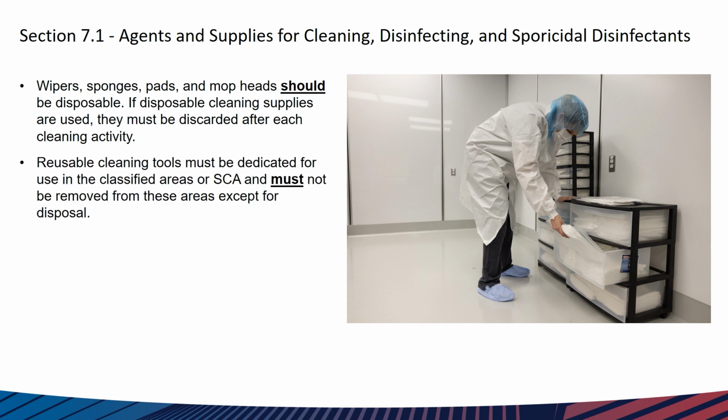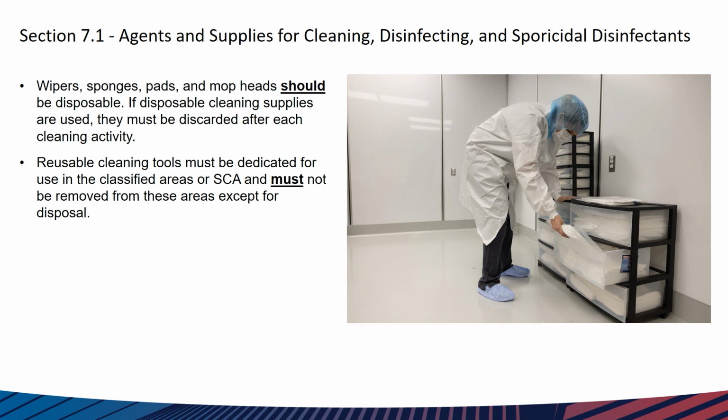The reusable cleaning tools must be dedicated for use in that classified area or the SCA and must not be removed from these areas for disposal. So it's basically saying you can't have a cleaning cart outside in the general area of the pharmacy and roll it into the pharmacy. You've got to have those cleaning tools stored in that space, and only removed for disposal. If you're doing hazardous compounding, have a second set of hardware in that hazardous space.